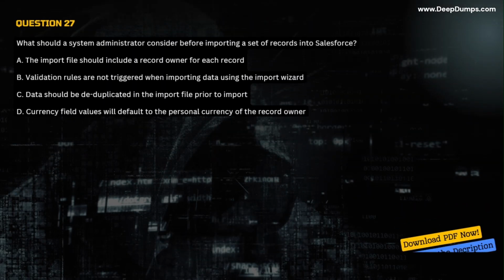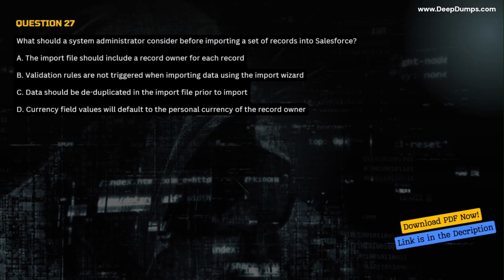Question 27. What should a system administrator consider before importing a set of records into Salesforce? A. The import file should include a record owner for each record. B. Validation rules are not triggered when importing data using the import wizard. C. Data should be deduplicated in the import file prior to import.